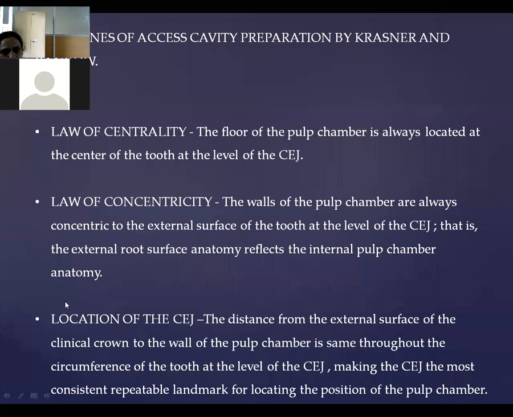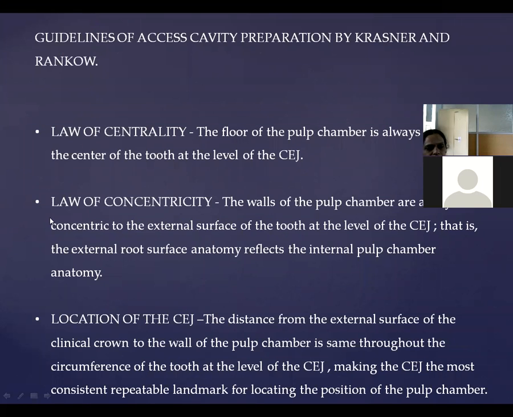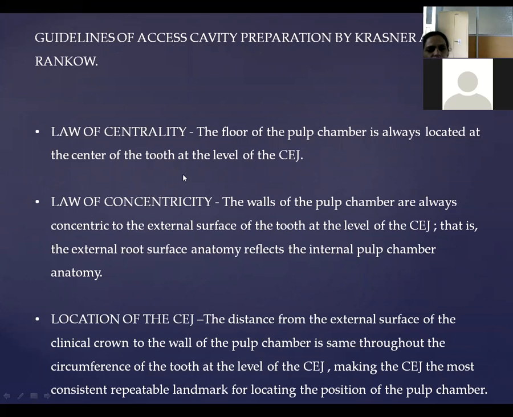First is the law of centrality. So what is the law of centrality? The floor of the pulp chamber is always located in the center of the tooth at the level of the CEJ, the cementoenamel junction.